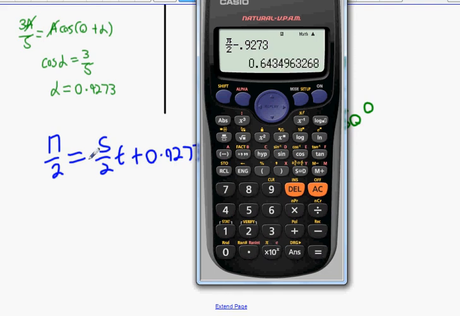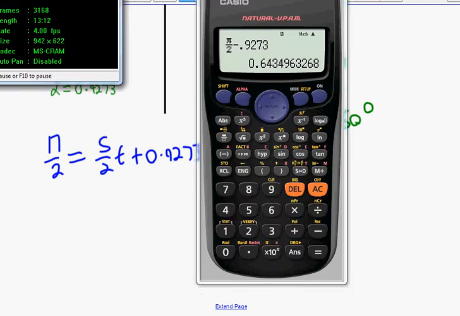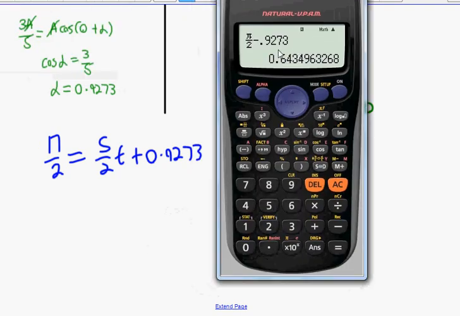And then you're going to divide it by 5 over 2, aren't you? To isolate t. Take away your 0.9273, divide by your 5 over 2, and what you're going to get here, guys, is 0.2573. Your time taken is 0.2573.